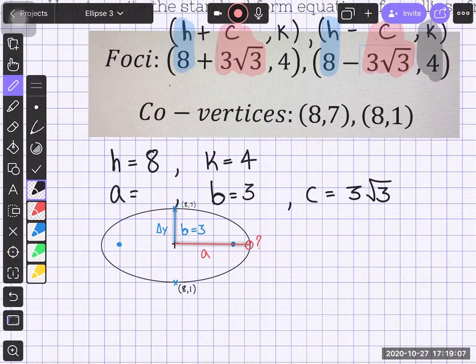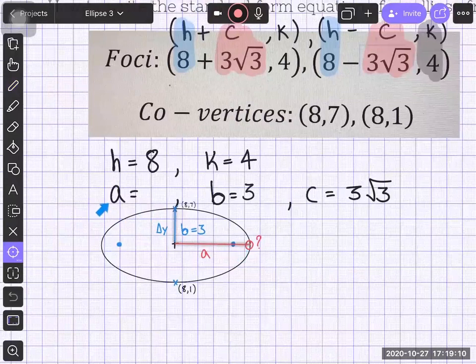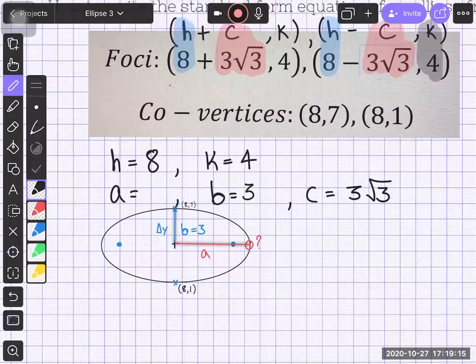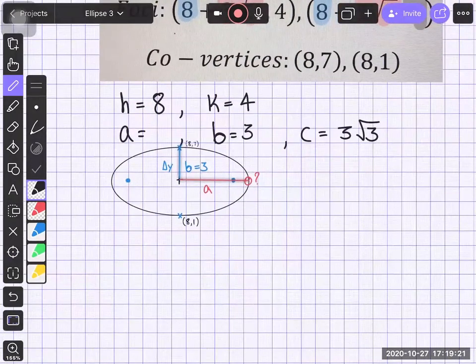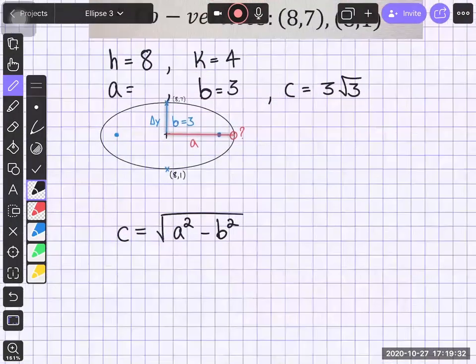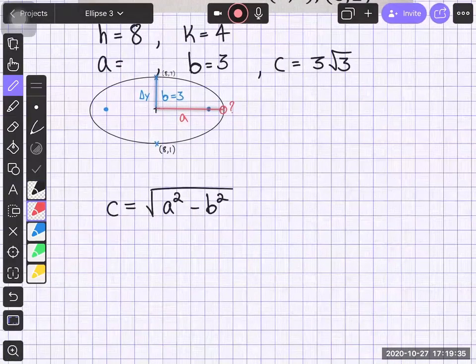Now, as we don't have the vertex, we will have to get a from the relationship of a, b, and c. On a horizontal ellipse, we know that c equals the square root of a squared minus b squared. We square both sides, so we have that c squared equals a squared minus b squared.